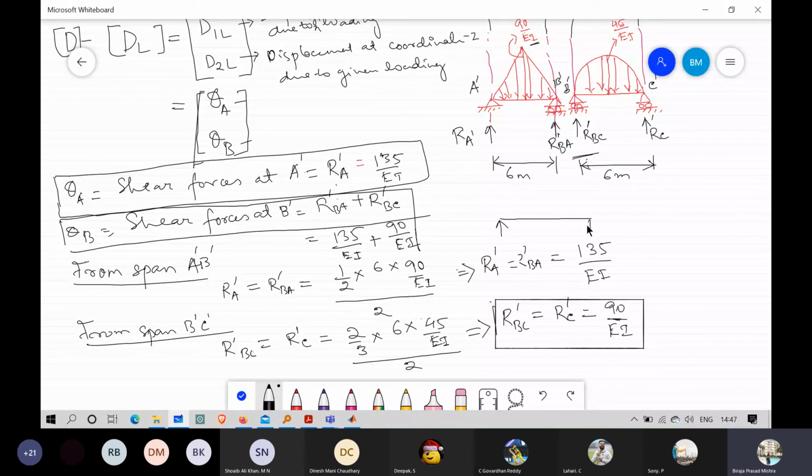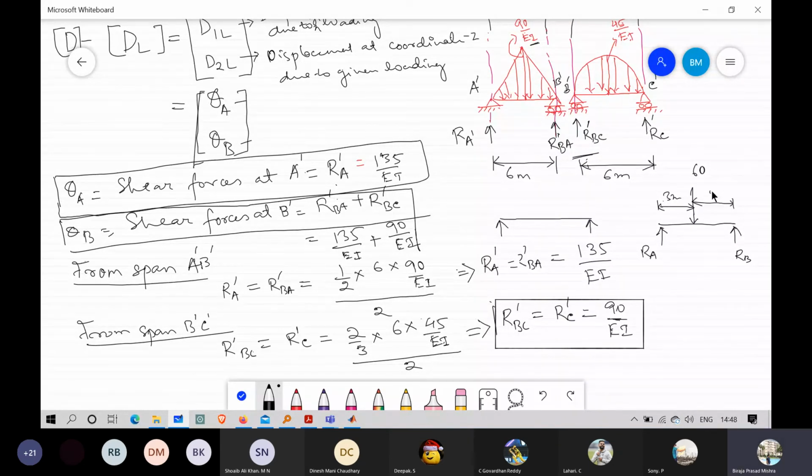Okay, let us consider this one here. This is a beam. And suppose here we have a load, let's say this is 60. So RA, this is RB, this is 3 meters, and this one is also 3 meters.